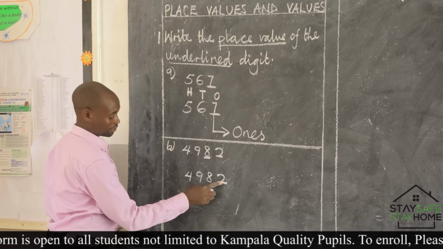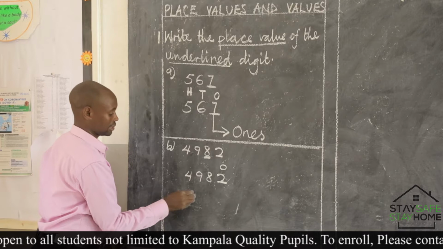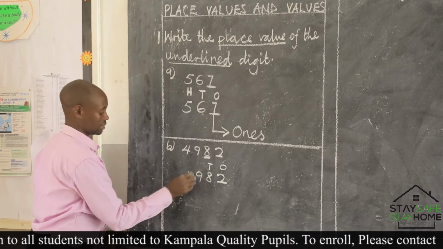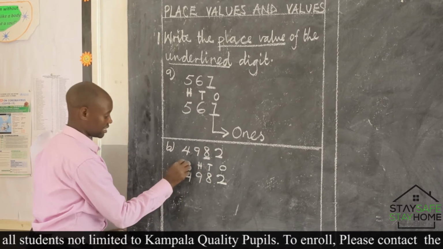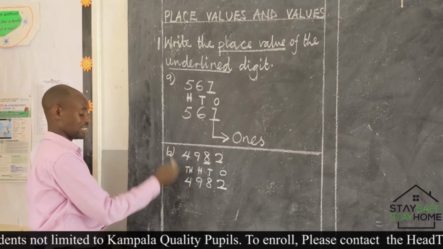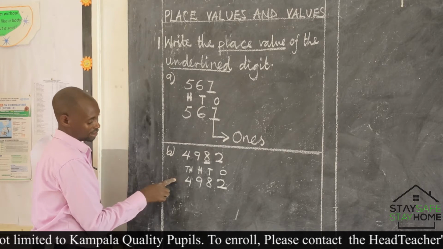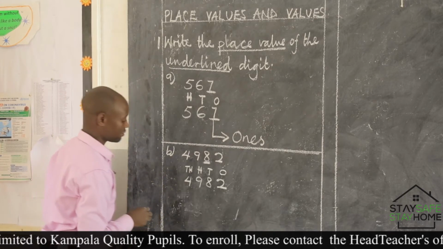What is the place value of 2? Remember, we begin from ones. That is ones, that is tens, that is hundreds, and that is thousands. If we have another digit here, then it is in millions, but we may not go as far as that.